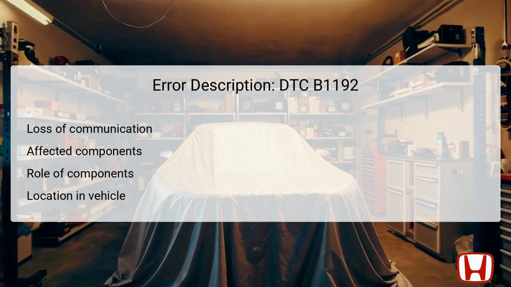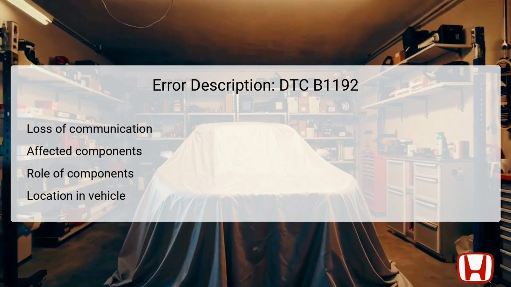DTC B1192 signifies a communication failure between the Gauge Control Module and the battery sensor over the UART line. The primary components involved are the Gauge Control Module, which processes and relays important information regarding the vehicle's systems, and the battery sensor, responsible for monitoring battery voltage and sending this data.